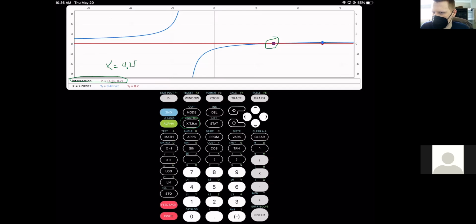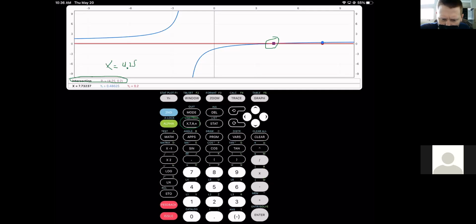Sometimes I think she gives a calculator portion and maybe a non-calculator portion. So if you are taking future math classes, either here or even in college, you might have times where you're not allowed to use the graphing calculator. So don't depend on it too much, but it definitely can be nice if you're allowed to use it.